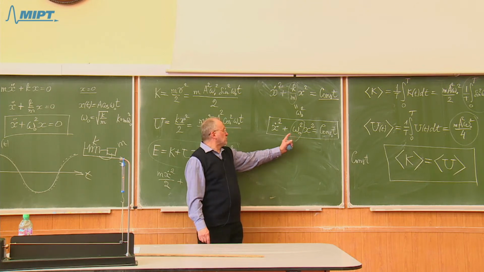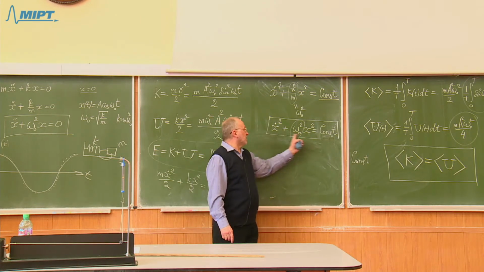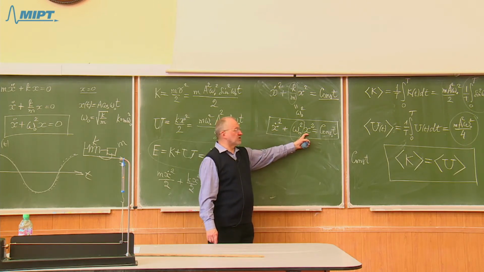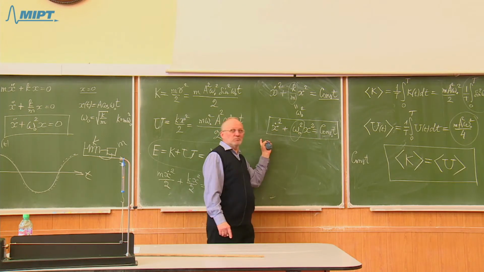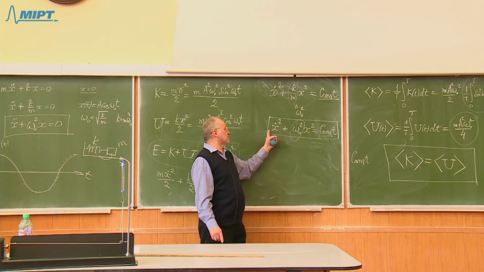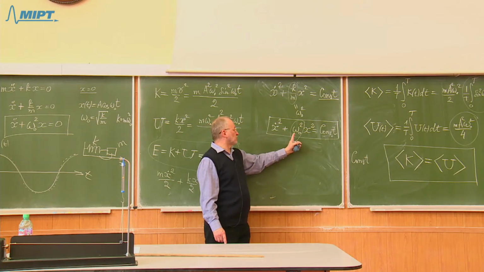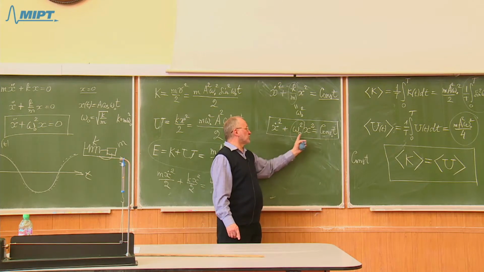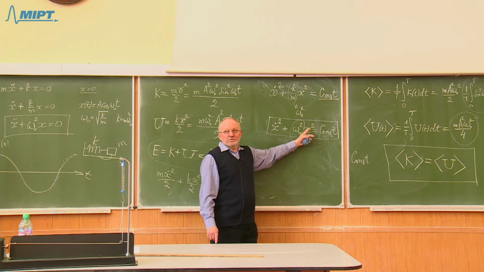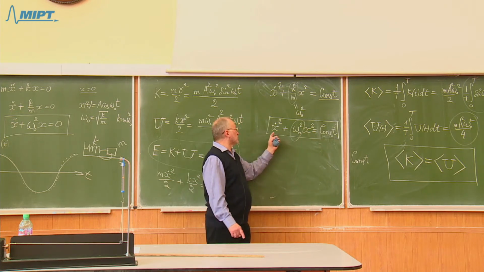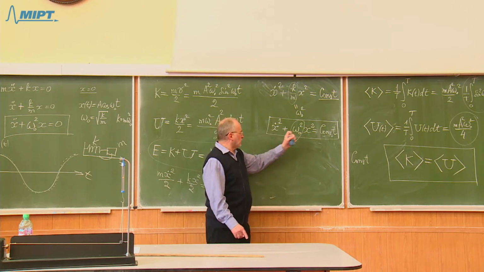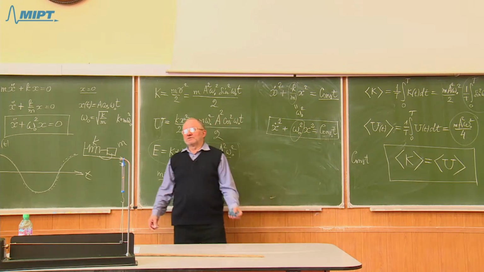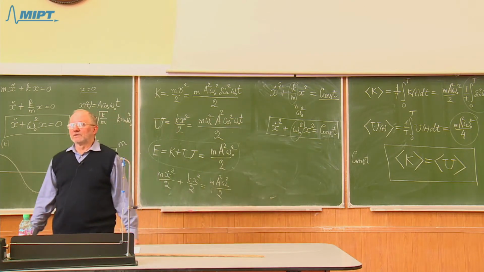So if I happen to write down the energy conservation equation, kinetic energy plus potential energy, in such a form that the coefficient at the first term is unity and the coefficient at the second term is any expression, then I don't have to solve this differential equation. I know beforehand that this coefficient is the square of the vibration frequency.